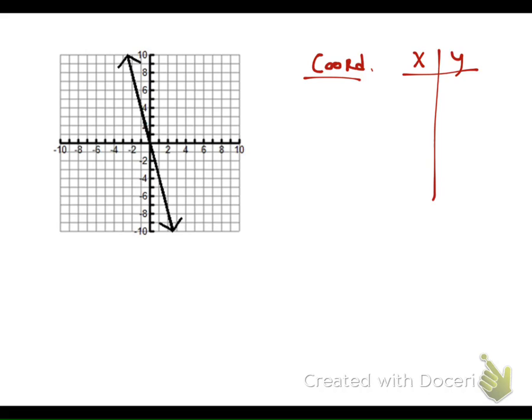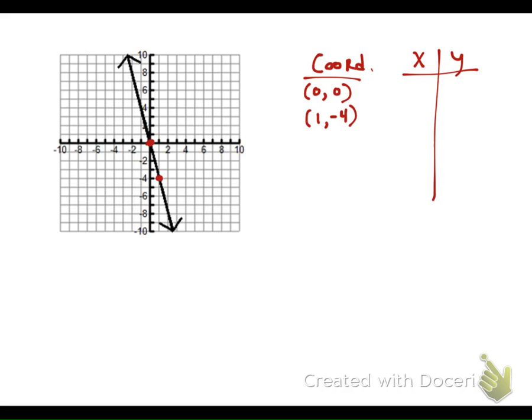So let's pick a couple points that plot on there. Well, immediately I see one right here that's 0, 0. So I'm going to put that on here, 0, 0. I also look down and I want to look exactly where it hits. It looks like I have one right here at positive 1, negative 4, right there.